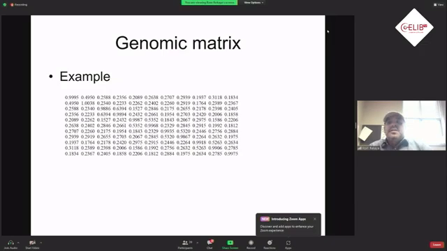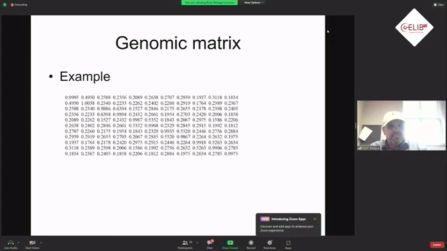That is a first order relationship. It could be a parent and offspring relationship, or a relationship between full sibs, and it's around 0.5. We talked about why the relationship of an individual with itself, or a parent and offspring, could be different from 1 and 0.5.